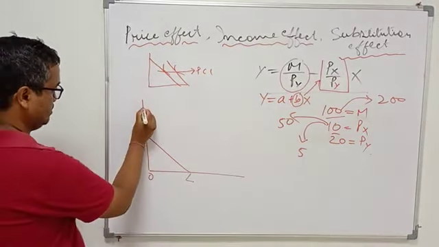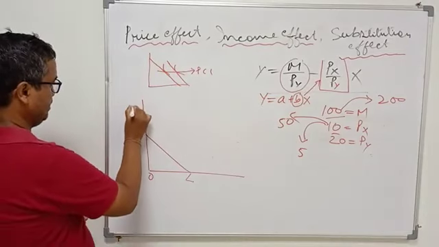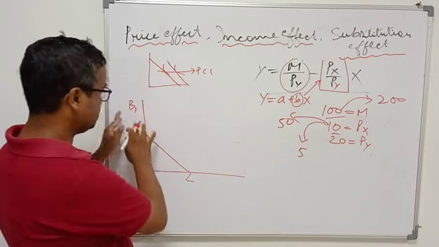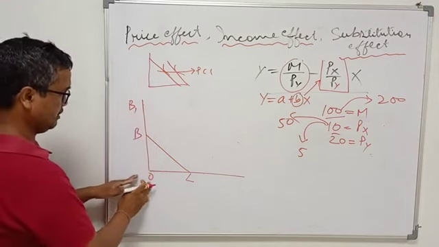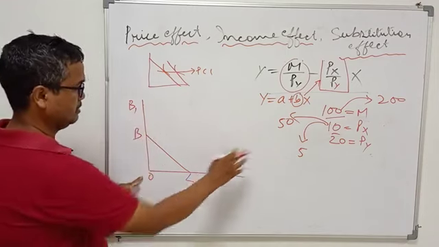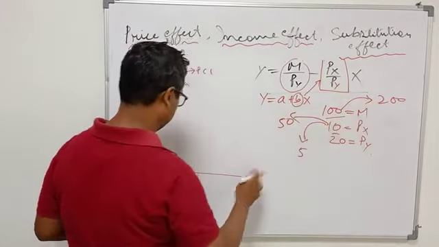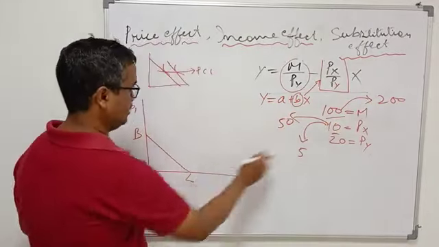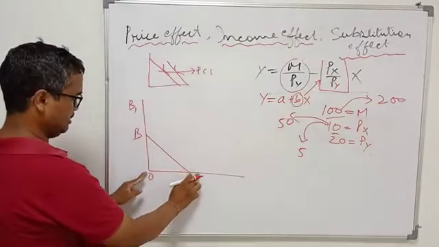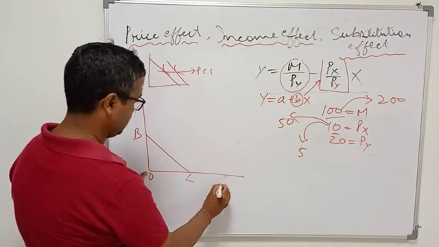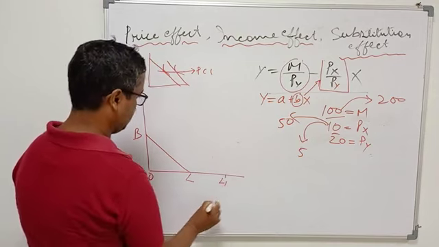In that case, I can double the Y here, B1. Or if I consume only X, then the price of X is 10; now you have 200 rupees instead of 100. Earlier BL was 10 units, now it will become 20 units, isn't it? So I am giving BL1.